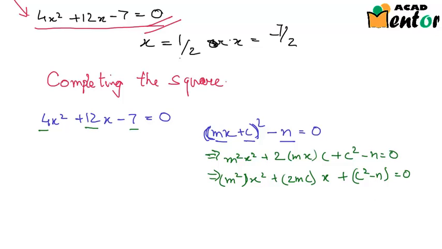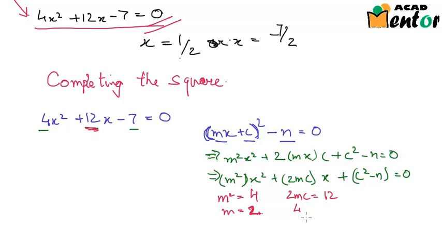So the first thing to do is equate the coefficient of x square with that of x square here, that is m square. So here m square is equal to 4, correct, or m is equal to 2. We just consider the positive value for now. So we have m equal to 2. Now when we have m, we have to find out c. We know 2mc is equal to 12 from here, and we know m is equal to 2.